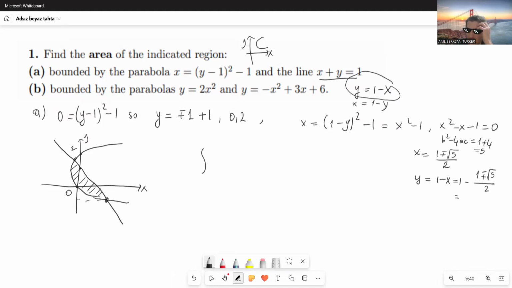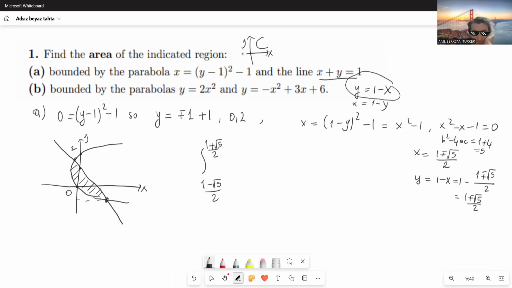Nothing is changed actually. So it's 1 minus square root of 5 over 2, and 1 plus square root of 5 over 2. I'm going to write in terms of y.